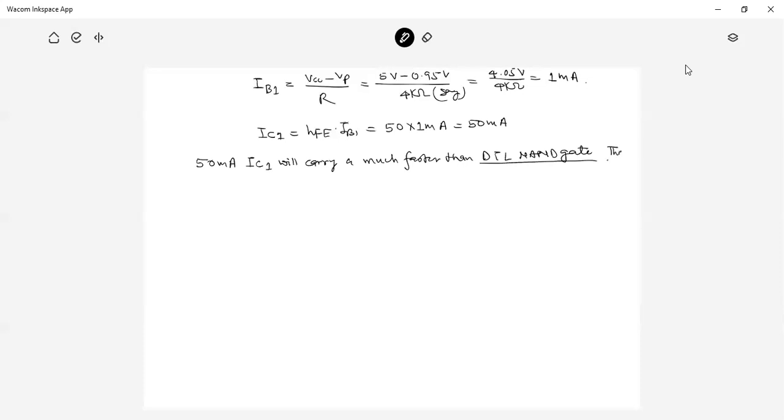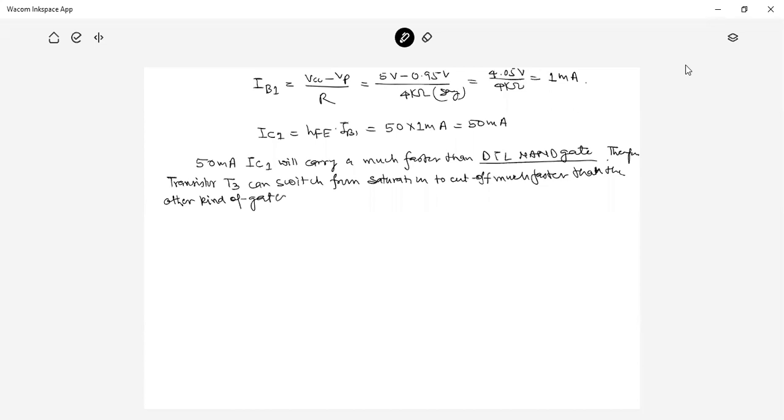Therefore, transistor T3 can switch from saturation to cutoff much faster than the other kinds of gates.